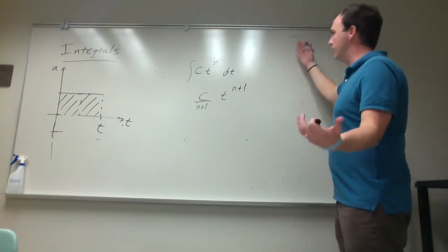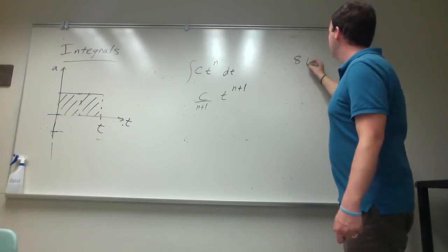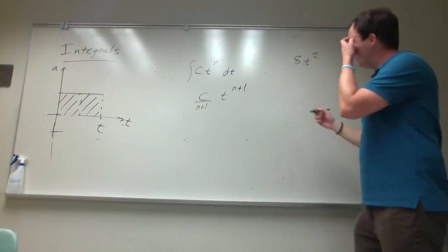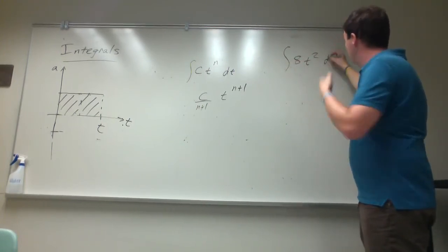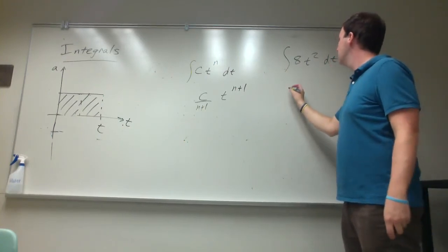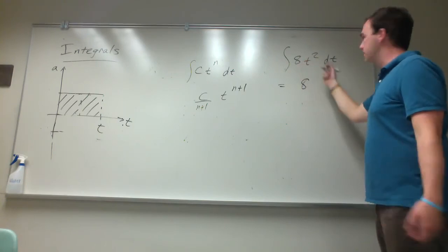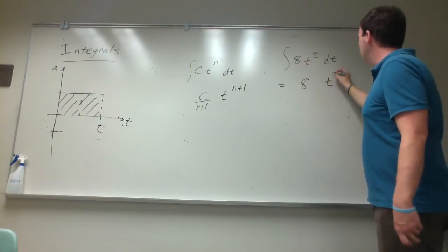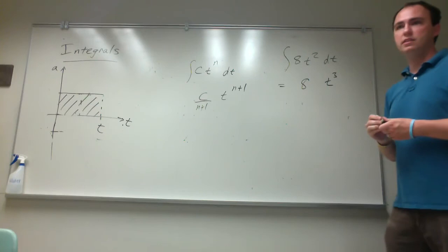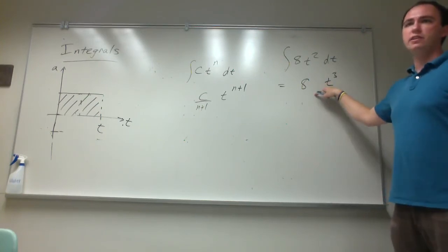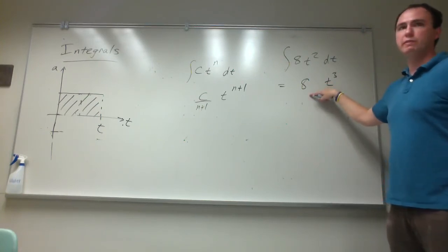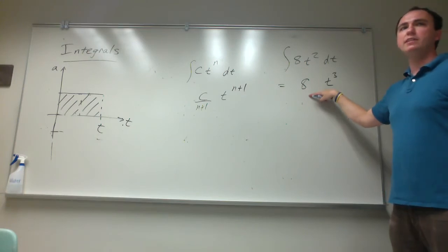But let's do a specific example, 8t squared. Right, so integral of 8t squared dt. Well, I'm going to get an 8, because that stays there. I'm going to get a t cubed. But if I said this was the answer, what happens if I take the derivative of this? Do I get 8t squared? No, I get 24t squared.